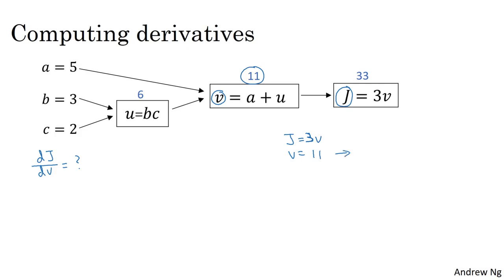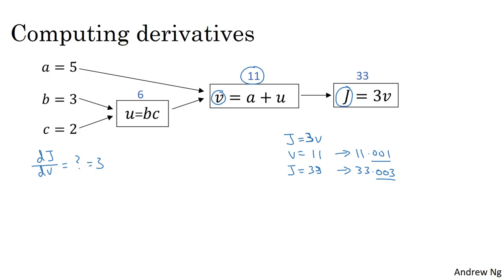So if we were to bump up v by a little bit to 11.001, then j, which is 3v, currently 33, will get bumped up to 33.003. So here we've increased v by 0.001, and the net result of that is that j goes up 3 times as much. So the derivative of j with respect to v is equal to 3, because the increase in j is 3 times the increase in v.